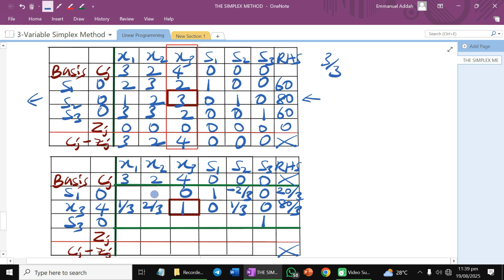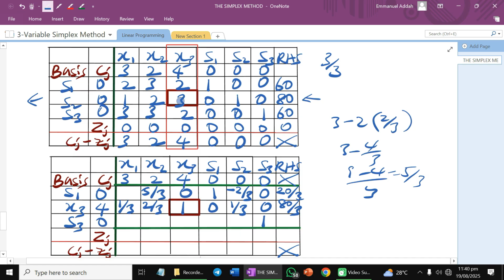This is the value here, corresponding to here, that's 3. So 3 minus 2 into 2 over 3. That will give us 3 minus 4 over 3. Here is 3. Here will be 9 minus 4, which is 5 over 3. So here will be 5 over 3.